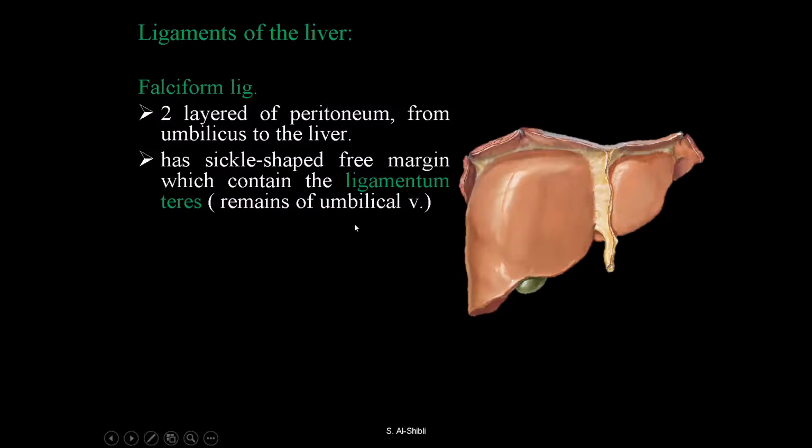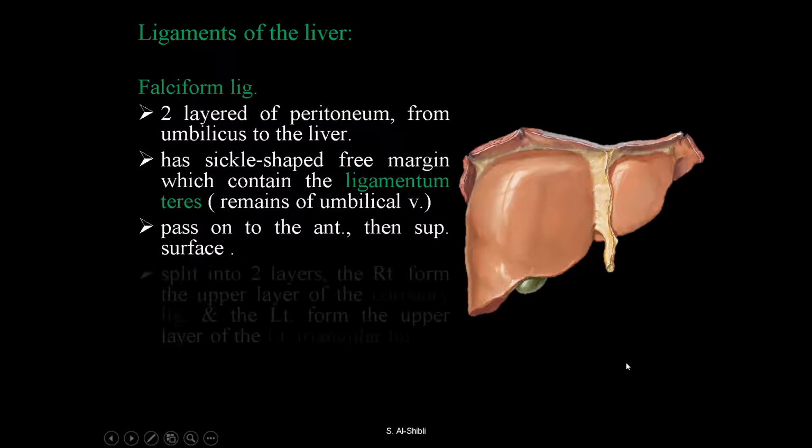So the umbilical vein in the embryo will change to be the ligamentum teres in the adult. No more vein. It changed to ligament. As we mentioned, the circulation in the fetus totally differs from the circulation in the adult. Okay. As you see, this falciform ligament passes on the anterior surface of the liver, then to the superior surface, and then it splits into the right and into the left.